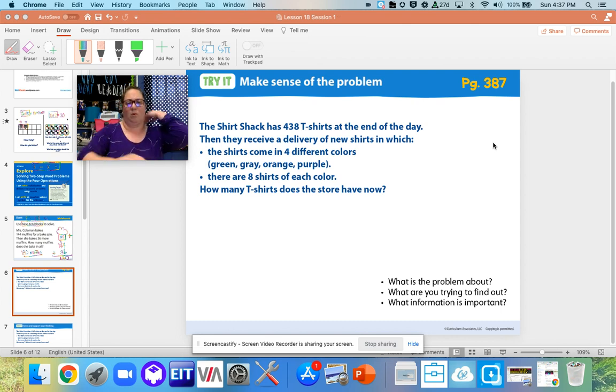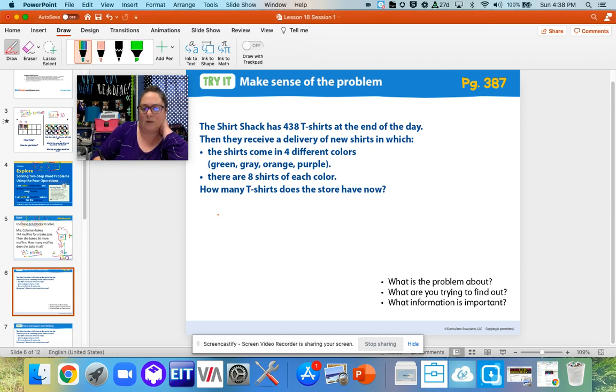Okay, so what is our problem about? That's right, we're talking about t-shirts, right? Let's read it again and find out what we're trying to find out. All right. The Shirt Shack has 438 t-shirts at the end of the day.